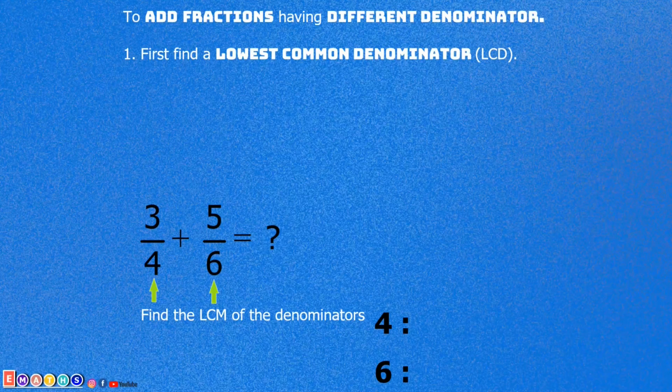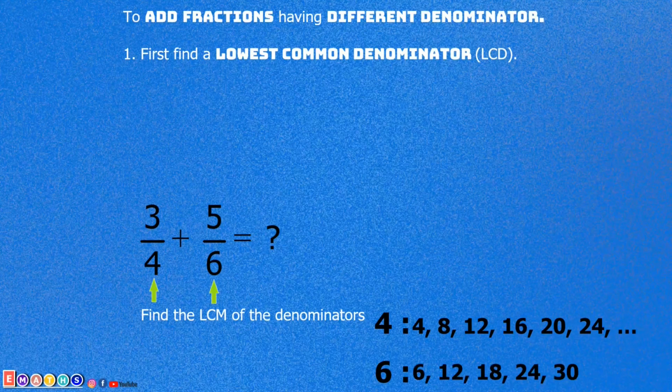To find the lowest common denominator, we first multiply each denominator by 1, then by 2, then by 3, then by 4, and so on, until we have a common number.